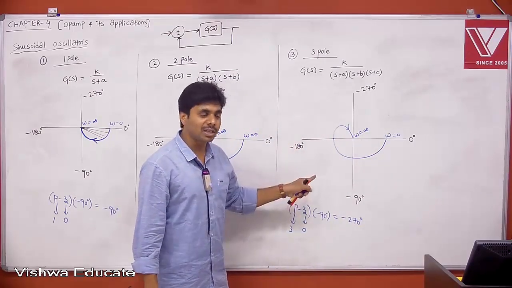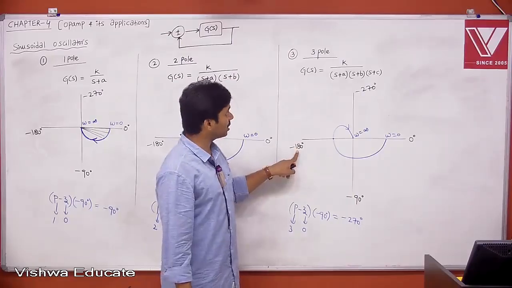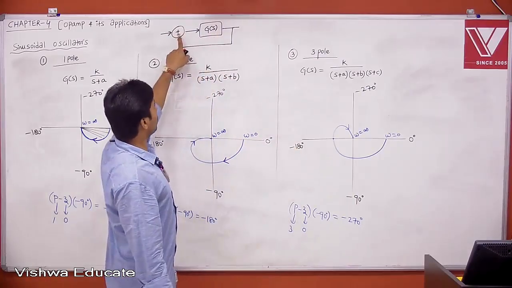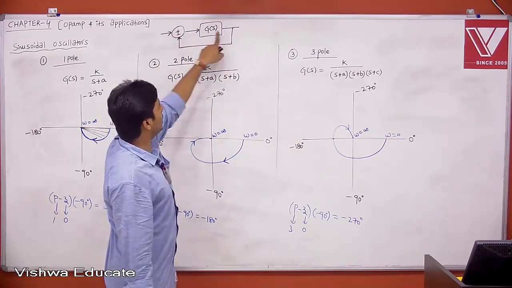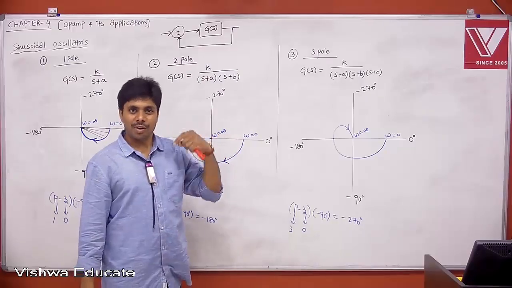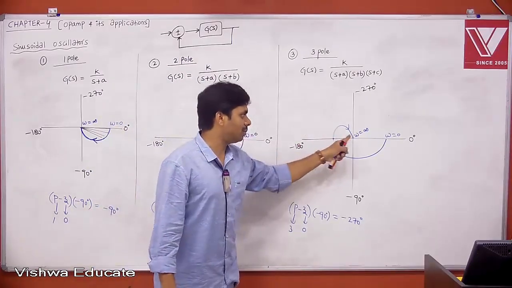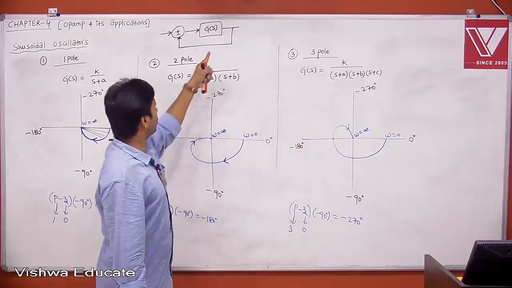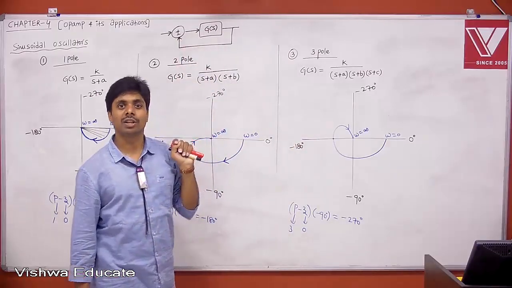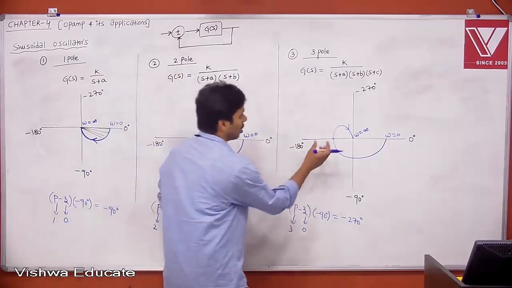At this frequency the phase shift is 180 degrees, and this is 180 degrees, therefore total phase shift is 360 degrees. We are getting a condition at non-zero frequency, in between 0 to infinity, where the total loop phase shift is becoming 0 degrees. Now we need to calculate what is the gain.